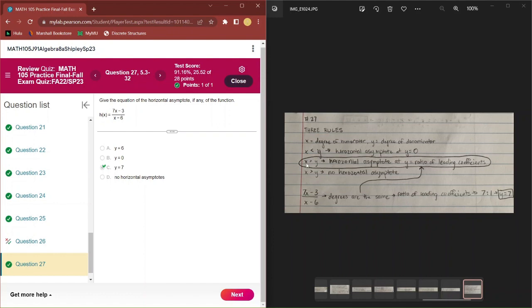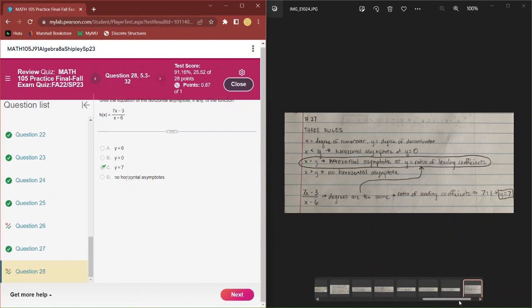So the degrees are the same, so the horizontal asymptote is the ratio of the leading coefficients. So it's 7 to 1, as you can see here. That's basically 7 over 1, so it's just 7. If this had 2 and this had 6, then it would just be 3, because it's 6 divided by 2. You see what I'm saying?